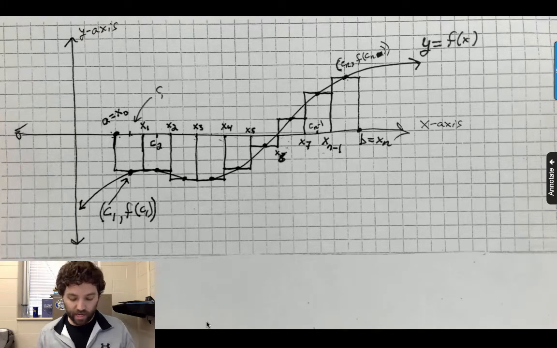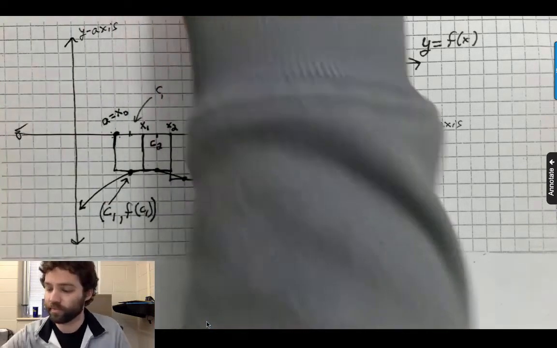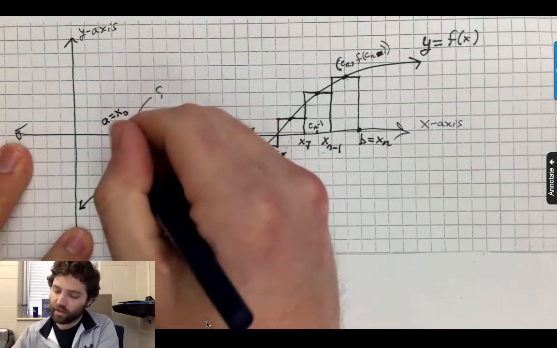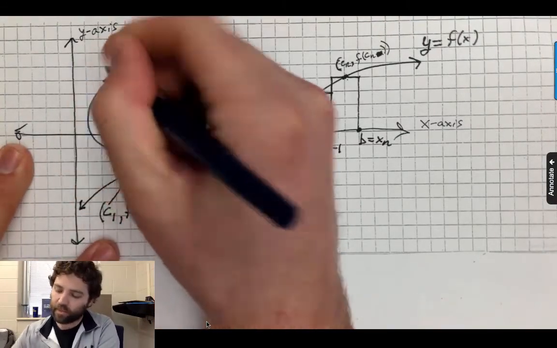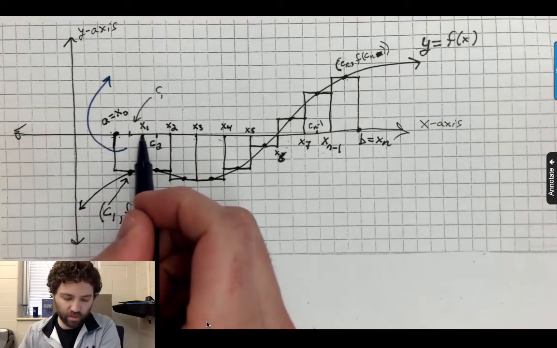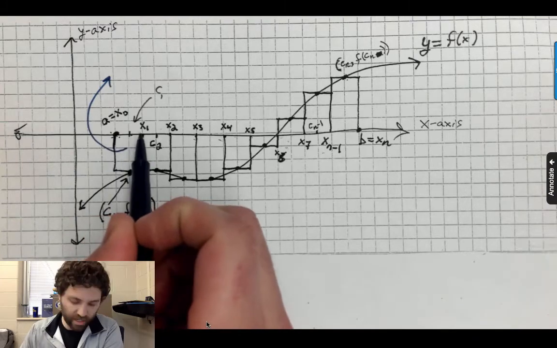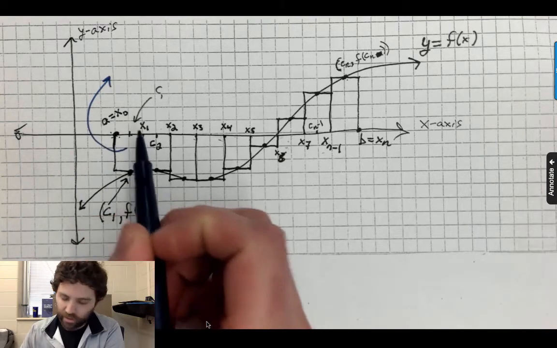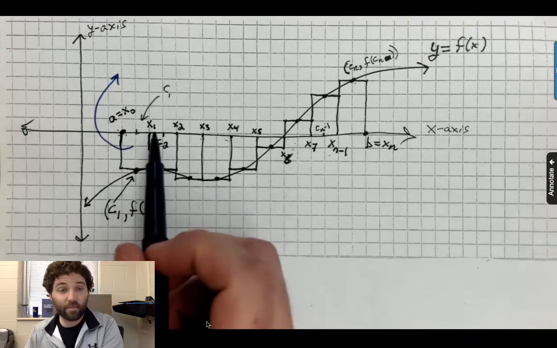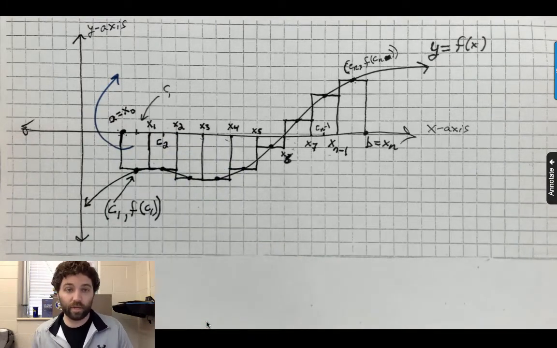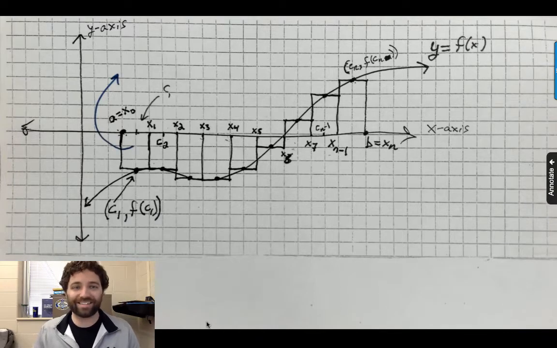If I wanted to find the area of the first rectangle, this is what I would do. I would just want the width times the height, right? Well, what is that? Well, we can figure that out. The width of this subinterval here is going to be whatever the distance is from x sub 0 to x sub 1. All right? And it's the same all the way throughout, right? The widths are all the same. That's how I built this picture. So that distance is the change in x.